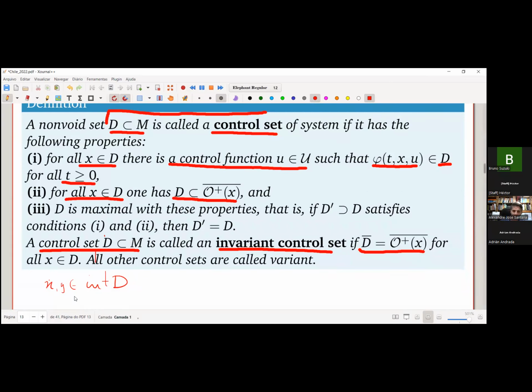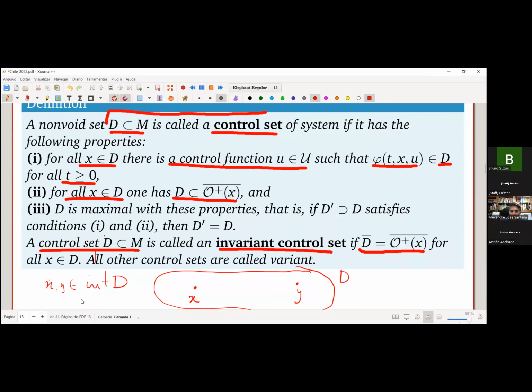For example, we would like to go from x to y inside a subset, and it is allowed to use jumps.